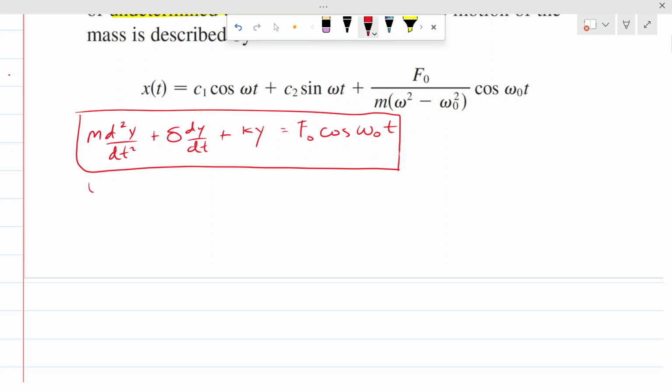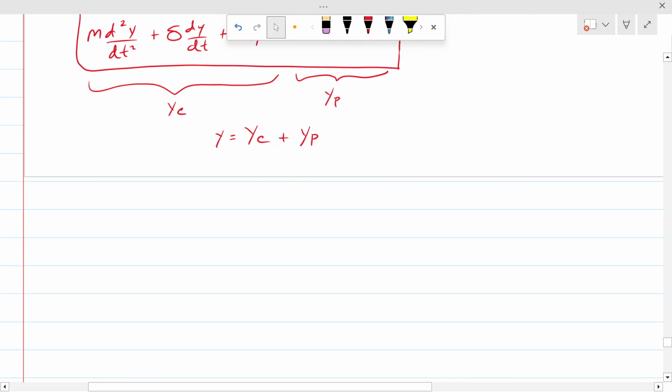So we need to find yc from here, and then find the particular solution yp, and the overall solution to this differential equation will be yc plus yp. Let's start with yc, the first part.